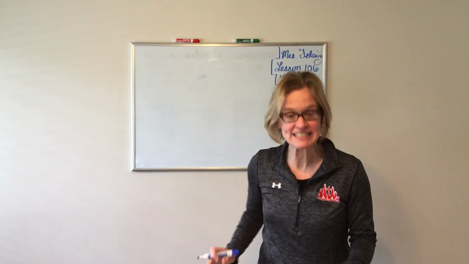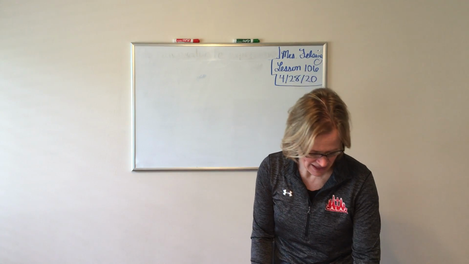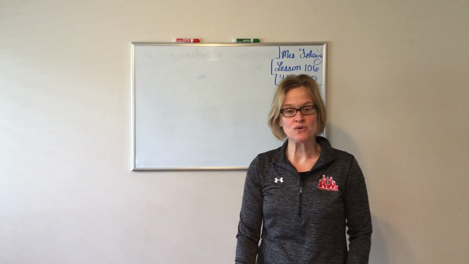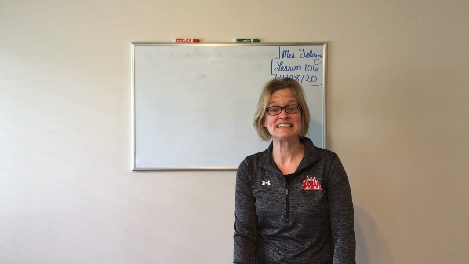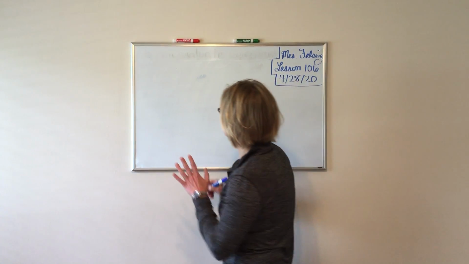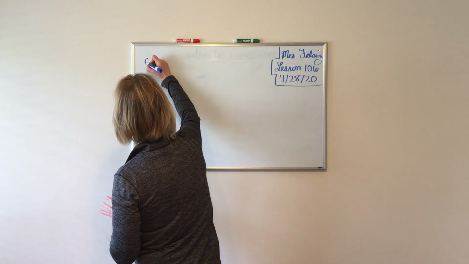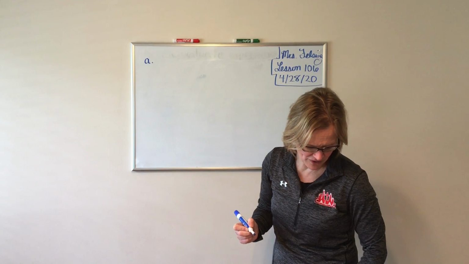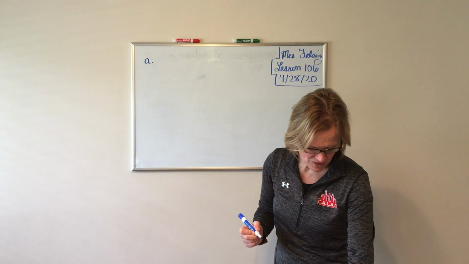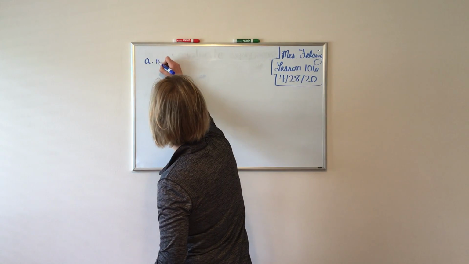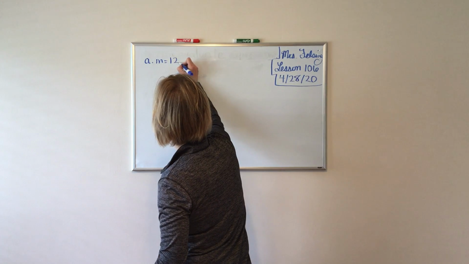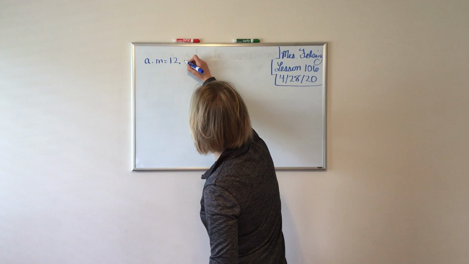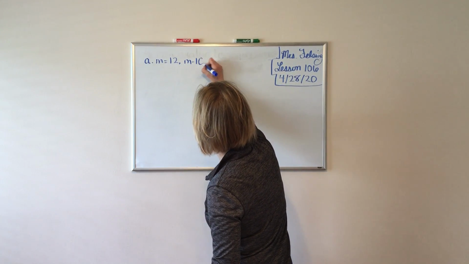So we're looking at page 672, letter A. If m equals 12, then what is the value of m minus 10? So looking at what that says, it says m equals 12. What is the value of m minus 10?